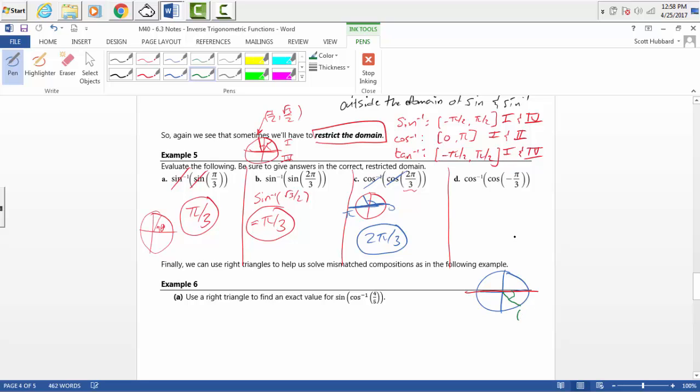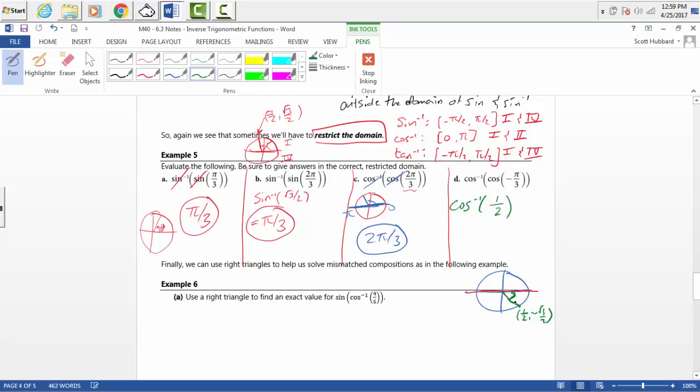But again, we can just take a look at it. The x value is going to be smaller here, so it's 1/2. The y value is going to be bigger, so it's negative root 3 over 2. I don't really care about the y value, I just care about the x value. So 1/2. So this is saying cosine inverse of 1/2.